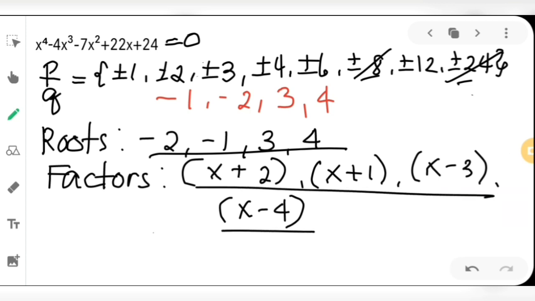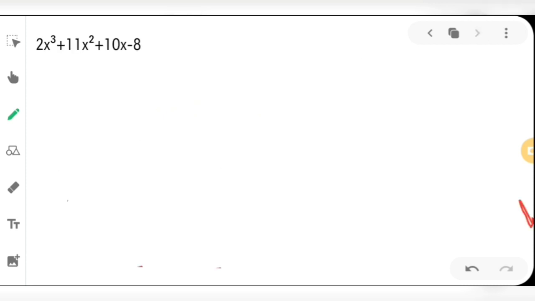Now let us proceed to the last example. We have 2x cubed plus 11x squared plus 10x minus 8. So let us identify first the list of the possible rational roots of this polynomial equation.